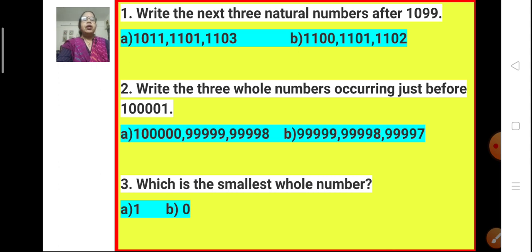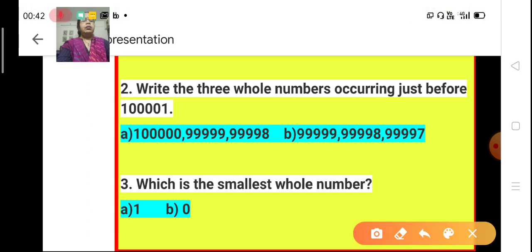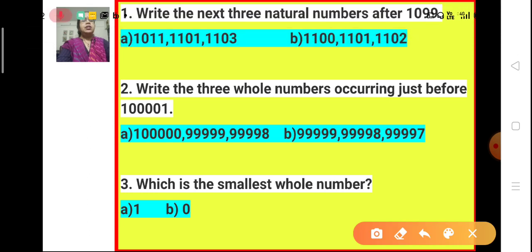Then second question, write 3 whole numbers occurring just before 1,01,000. You have to see 3 predecessors. If I have to find 3 predecessors of a number like 101, what will they be?